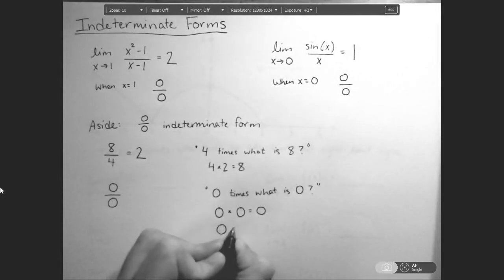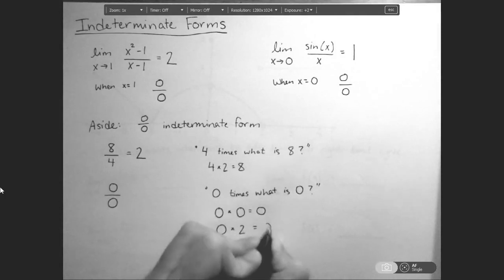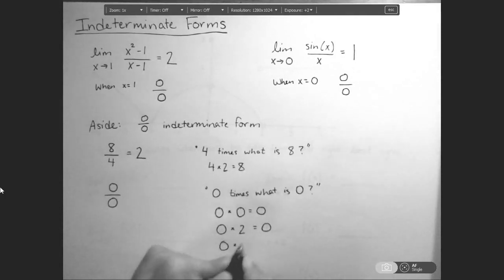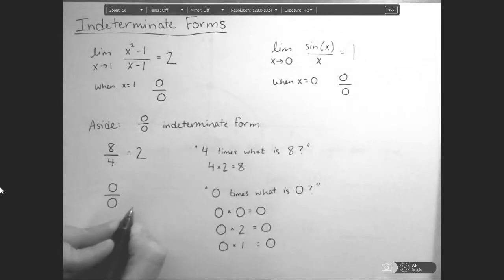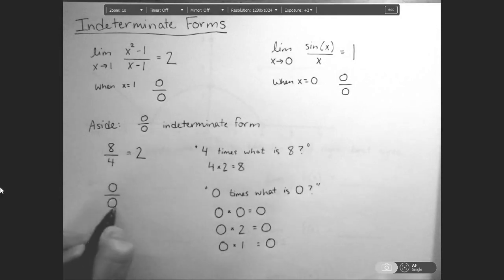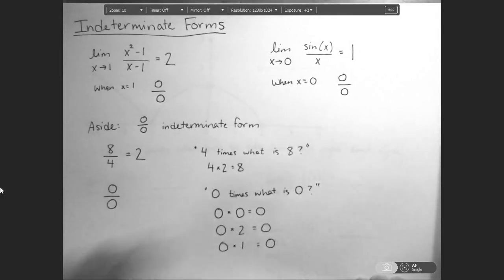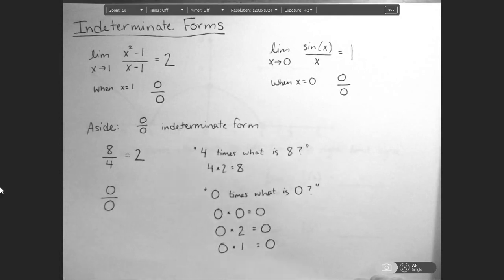But it's also the case that 0 times 2 is equal to 0, and 0 times 1 is equal to 0. In fact, there are an infinite number of values that could work in this place, so there is no single value that satisfies 0 divided by 0. And that's why we call this form indeterminate. It's because we can't determine what the value is.